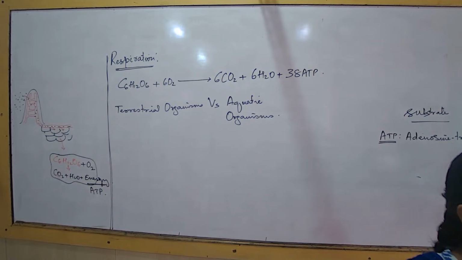If we terrestrial organisms are able to get a large amount of oxygen at one particular time, comparatively they are getting a very, very small amount of oxygen, because the amount of oxygen dissolved in the water is much, much less.